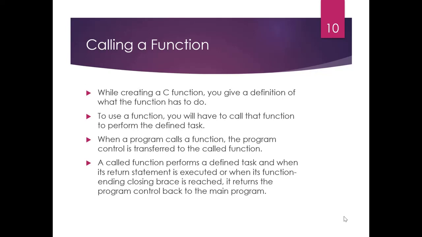When a called function performs its defined task, and when its return statement is executed or its function-ending closing brace is reached, it returns to the main function where that function was called.